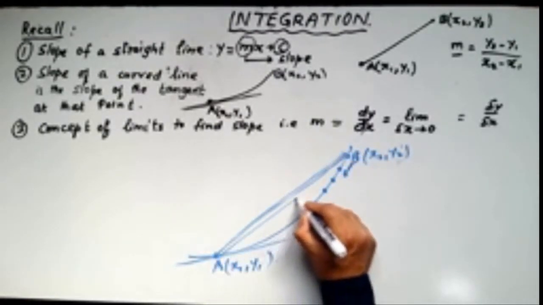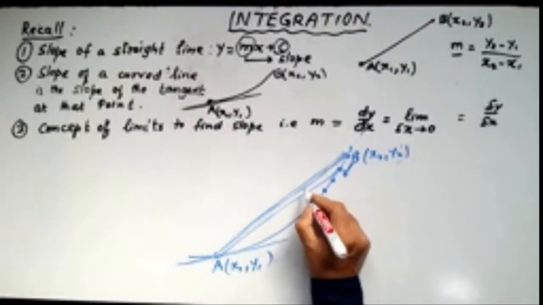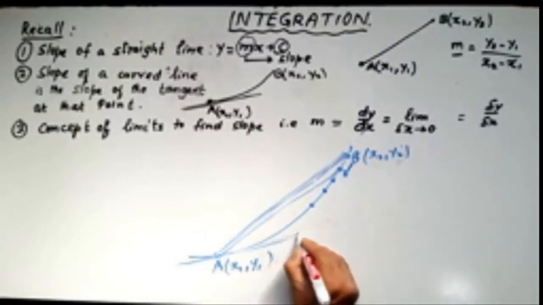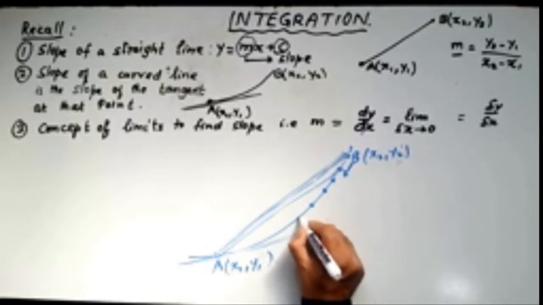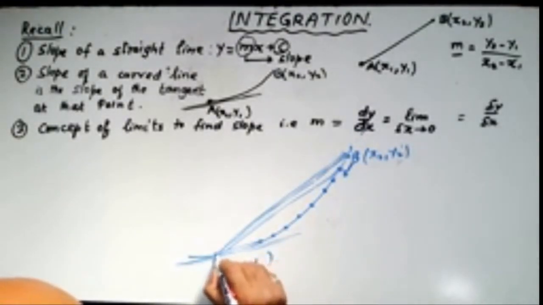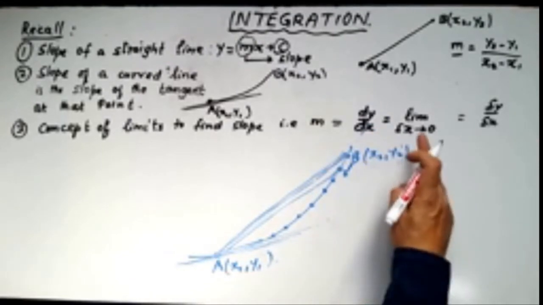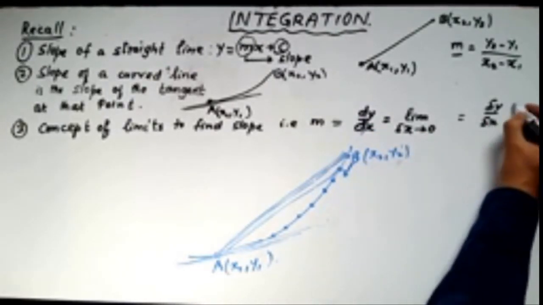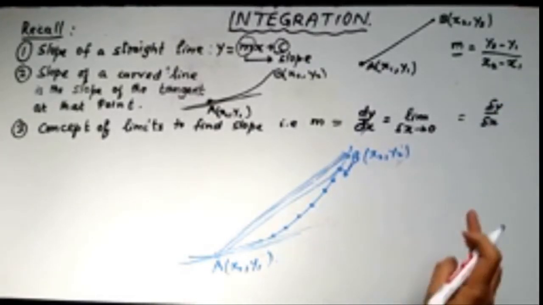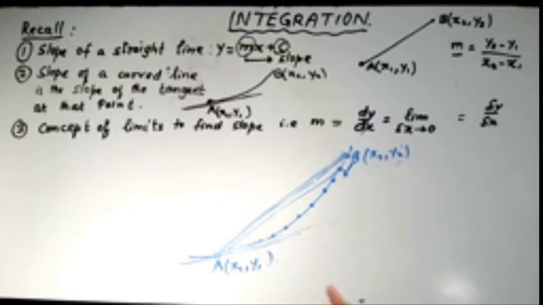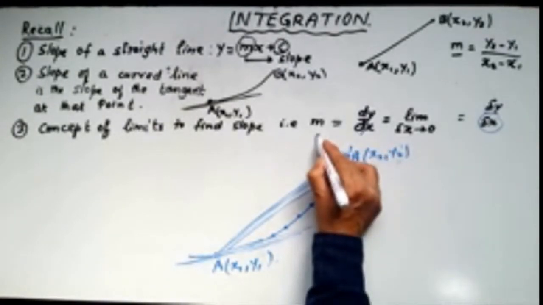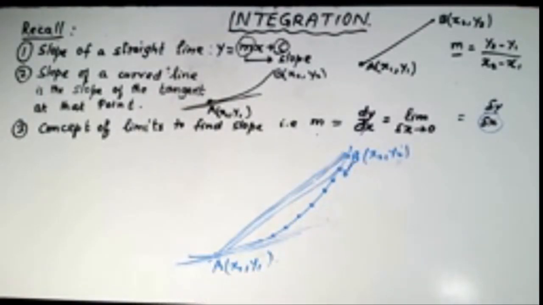If we again join A with the second point, the slope starts approaching the slope of the line at the point A if B is very close to A. So we introduced the concept of limits to find the slope, that is m equal to dy by dx, the limit as delta x tends to 0 of delta y by delta x, where delta y is a very small amount close to the point A, and delta x is a very small amount on the x-axis very close to A. So if this delta x approaches 0, it approaches the slope of the tangent at the point A. That is what we learned in differentiation.